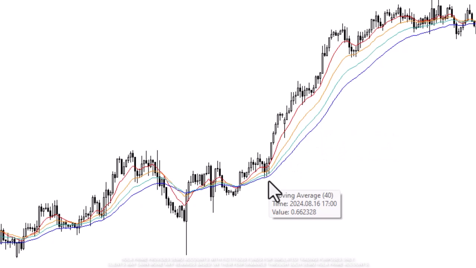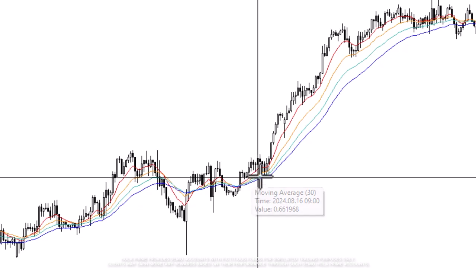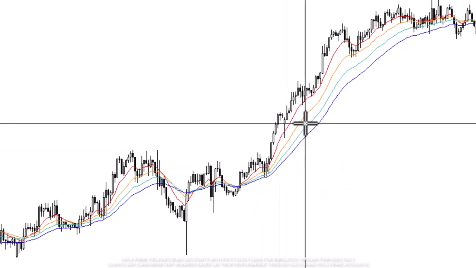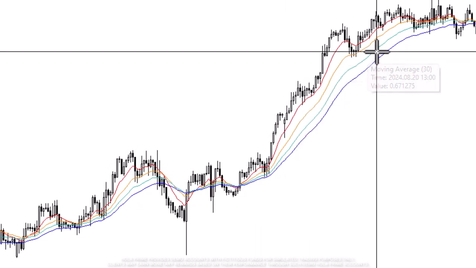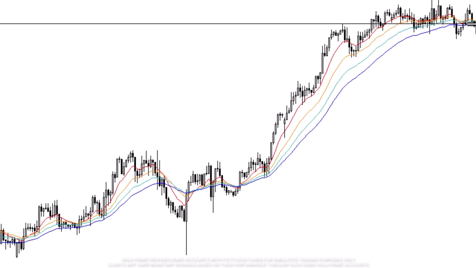So the Australian dollar started to give you a signal at 0.6619 or so, and over time you started to see these moving averages spread out quite nicely. At 0.6738, the 10 exponential moving average finally crossed below the 40 exponential moving average.